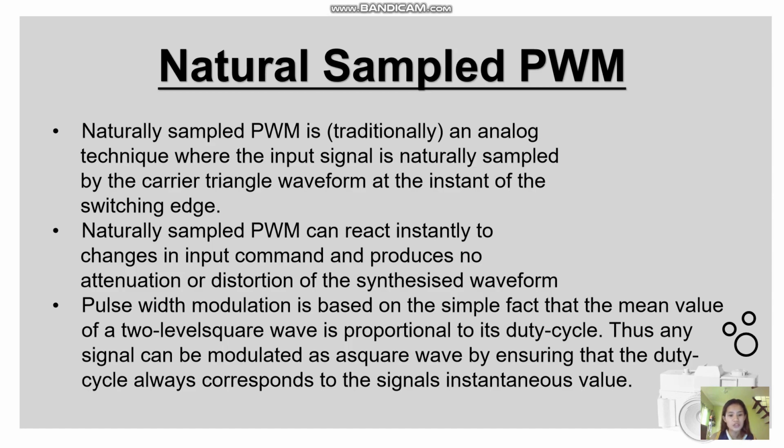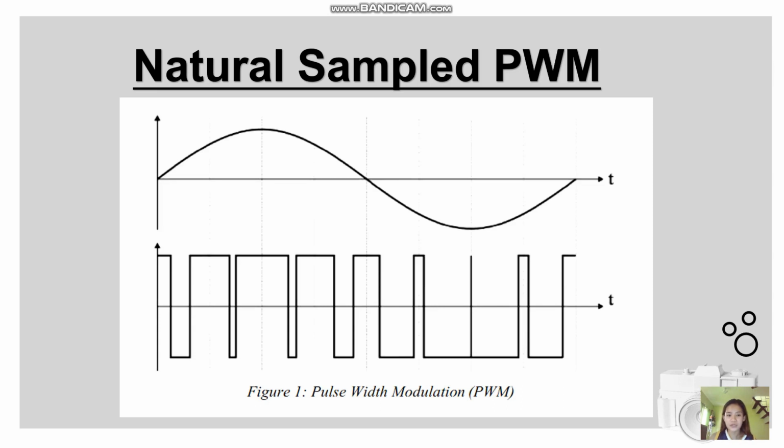Pulse width modulation is based on the simple fact that the mean value of a two-level square wave is proportional to its duty cycle. Thus, any signal can be modulated as a square wave by ensuring the duty cycle always corresponds to the signal's instantaneous value. All right, I have here an example of the waveform of the natural sampled PWM.